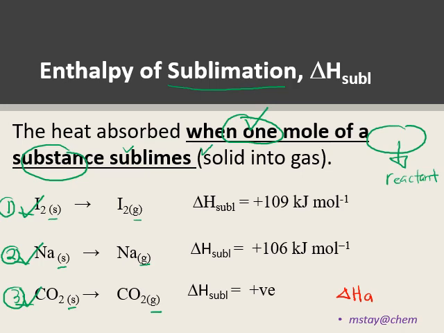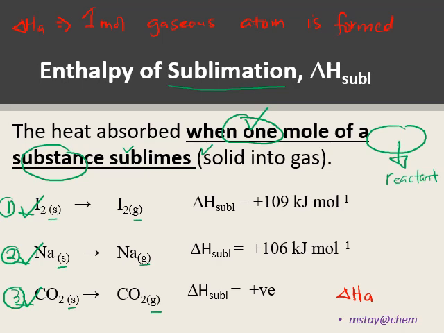So when we recall the definition of enthalpy of atomization, it is when 1 mole of gaseous atom is formed. So that means we are going to focus on the product now.